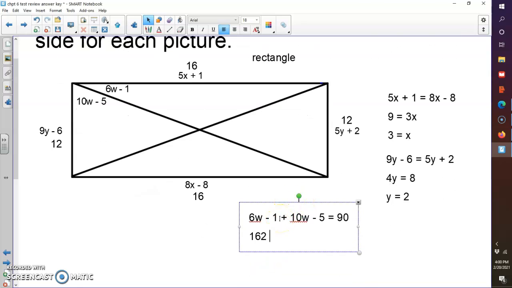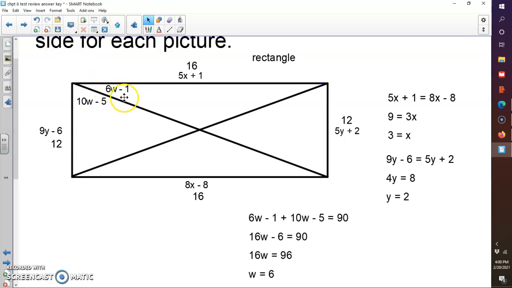So I get 16w minus 6 equals 90. 16w equals 96, and my w equals 6. When you plug w in for 6, 6 times 6 is 36, minus 1, we get 35 for this angle. And 10 times 6 is 60, minus 5, we get 55 for this angle.